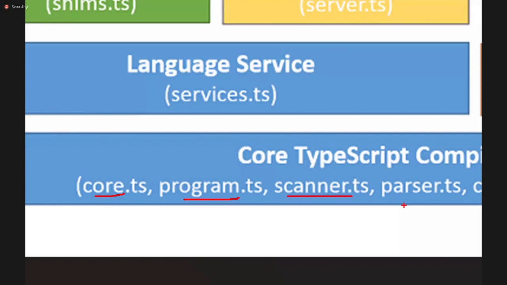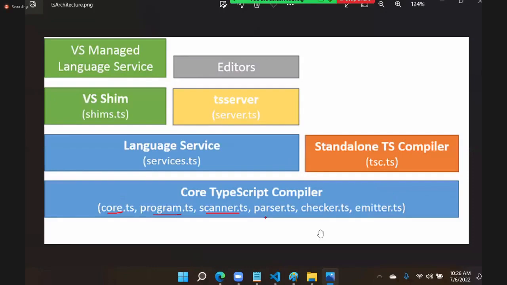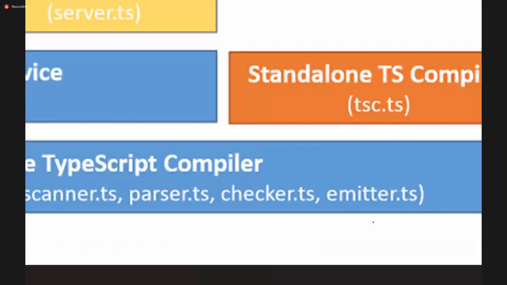These are responsible for different activities. For example, emitter.ts is responsible for identifying problems in output activities. Output is managed by the emitter. Input is managed by the scanner. Anywhere you hear about a scanner in a compiler, it is responsible for input.